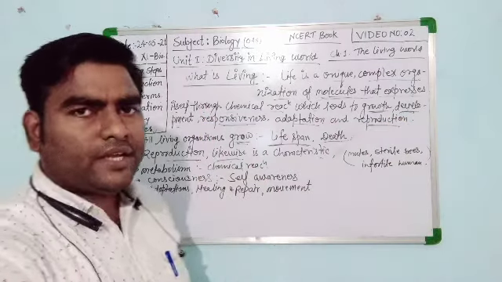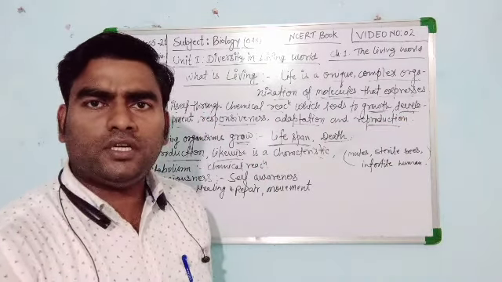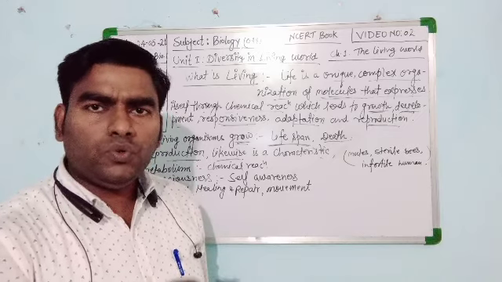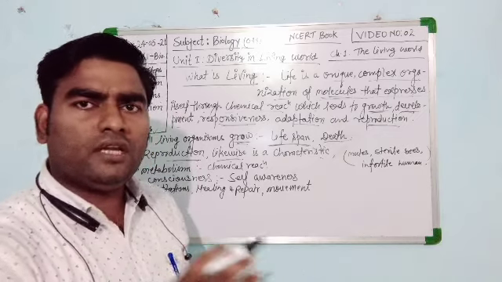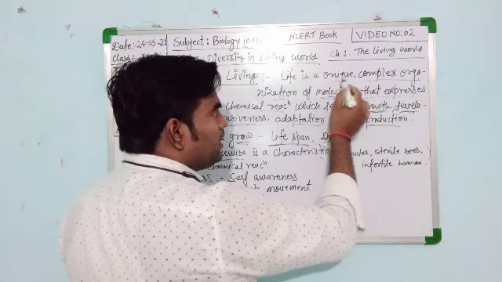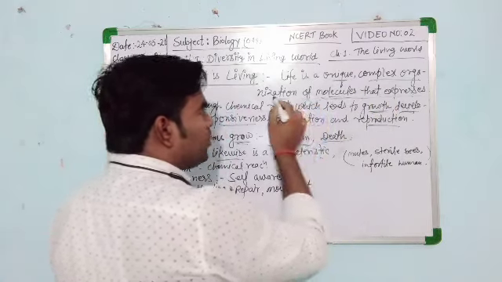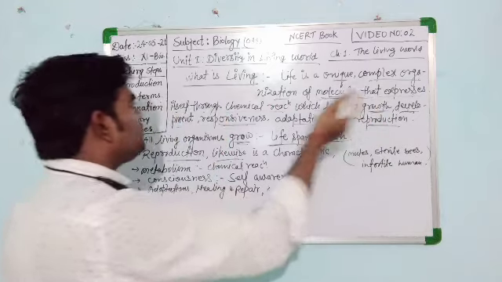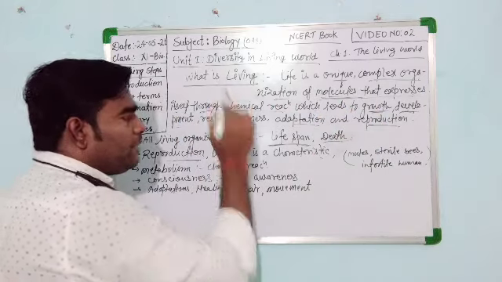An organism having such characteristics is considered living, and those that do not have these characters are non-living. Life is a unique and complex organization of molecules that expresses itself through a chemical reaction.